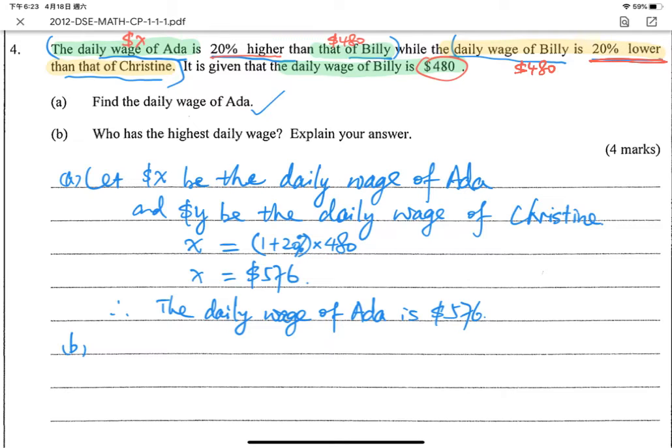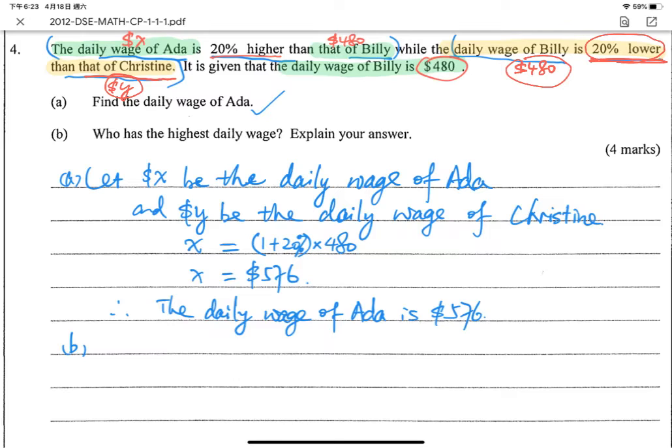We already let Y dollars be the daily wage of Christine, so we replace Christine by Y. So 480 is 20% lower than Y dollars.